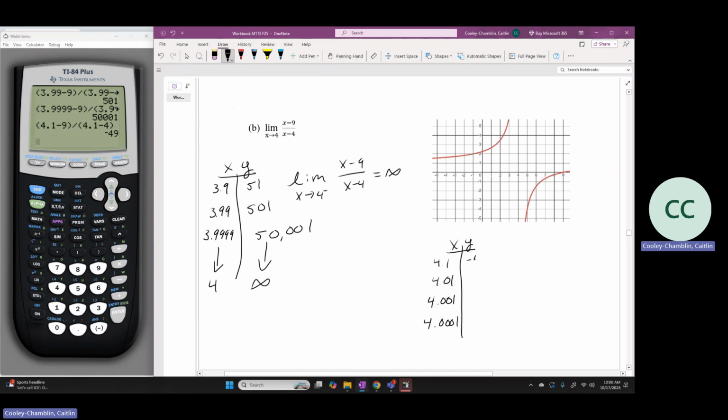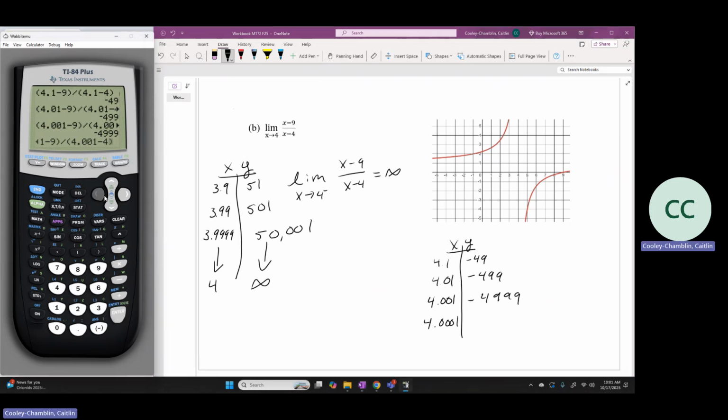I get negative 49. And then if I plug in 4.01, negative 499. And I'm just going to keep doing this, adding in more zeros, and we get negative 4,999.